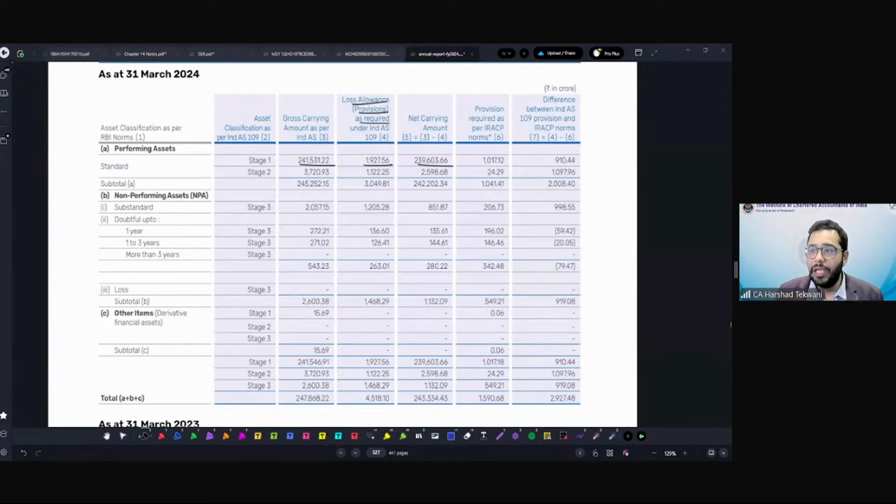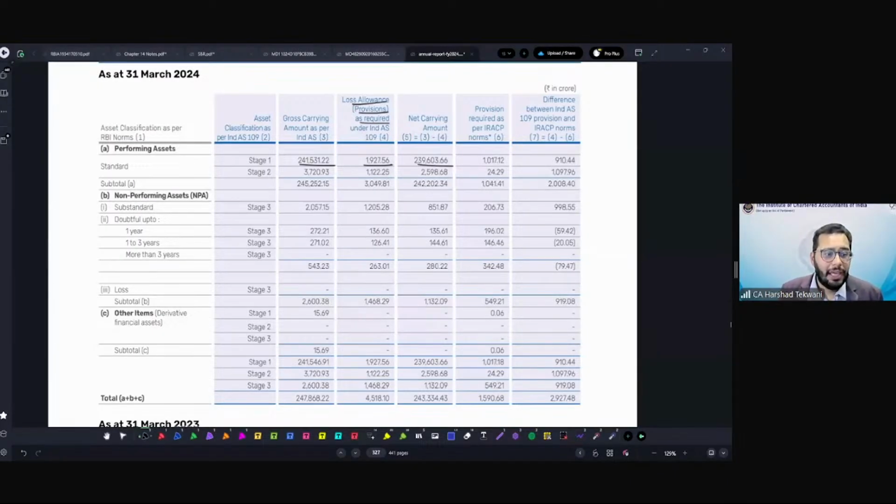Even if you see when the NPA is disclosed in the financial statement schedule, over there also it is disclosed as a net NPA after reducing this amount of provision. So these provisions are reduced from the gross NPA to arrive at the net NPA. And that is a net exposure.